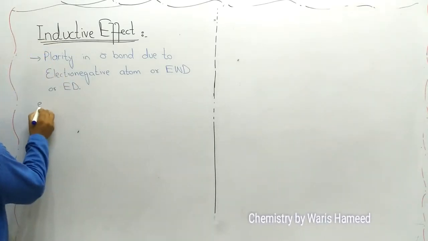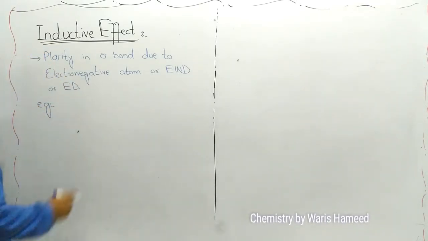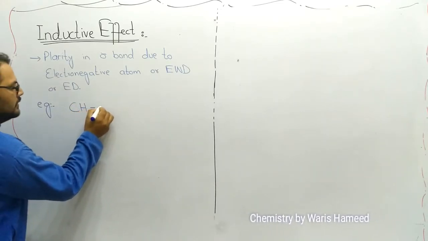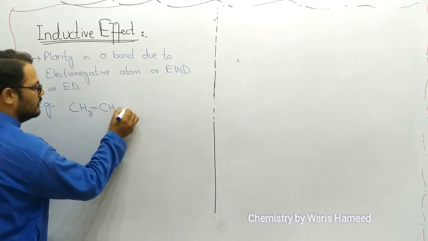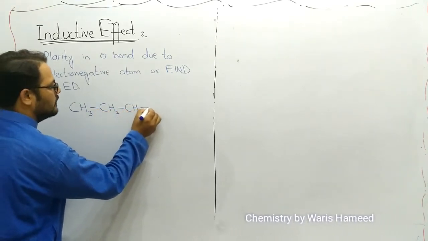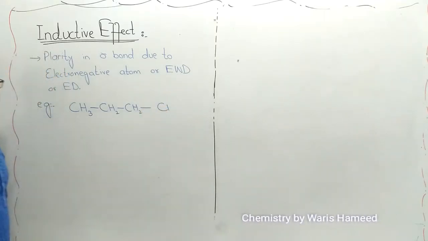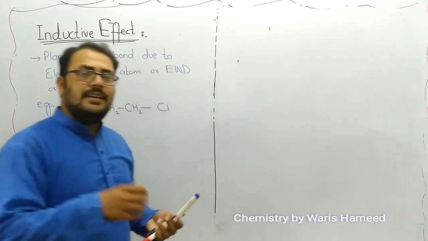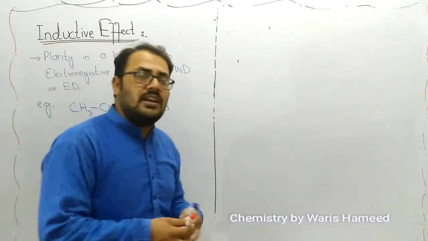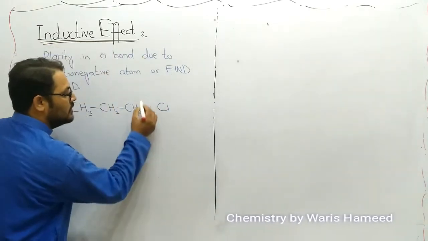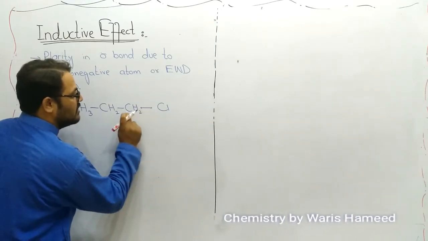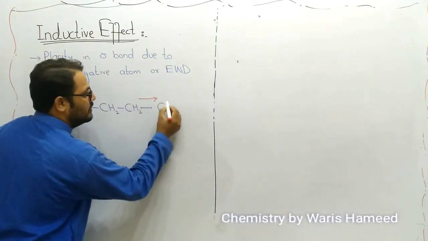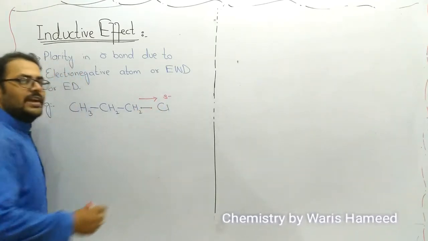For example, here is alkyl halide and I am writing chlorine, Cl. Chlorine is an electronegative atom and it has the ability to attract electronic density toward itself. So the electron between carbon and chlorine will be attracted toward the chlorine atom and chlorine becomes partial negative.